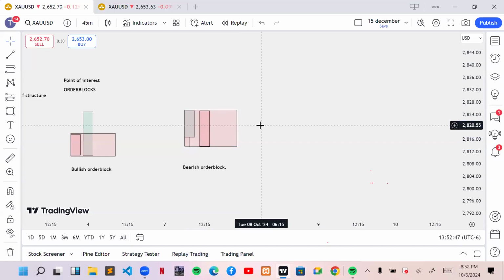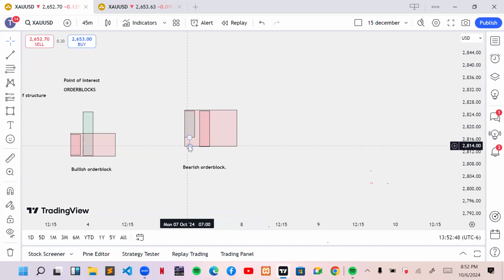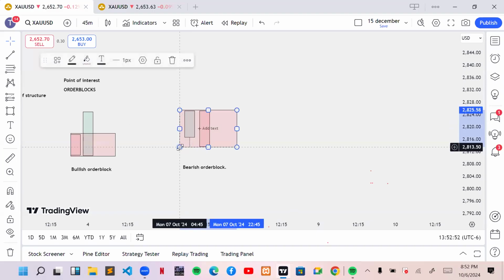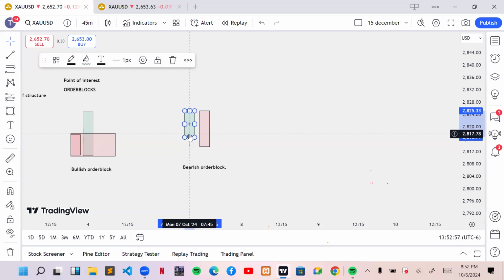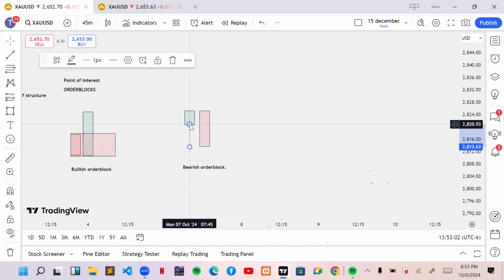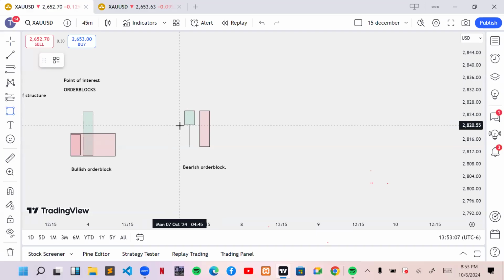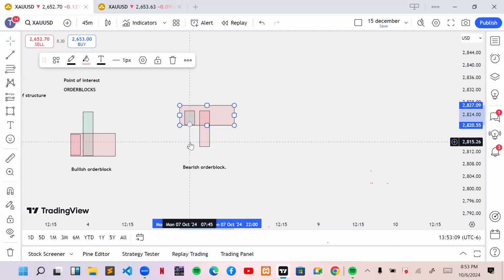But in a situation where the body is smaller and the wick is longer, pick your entry from the body. If the wick is smaller and the body is bigger, pick your entry from the wick. That's just it.